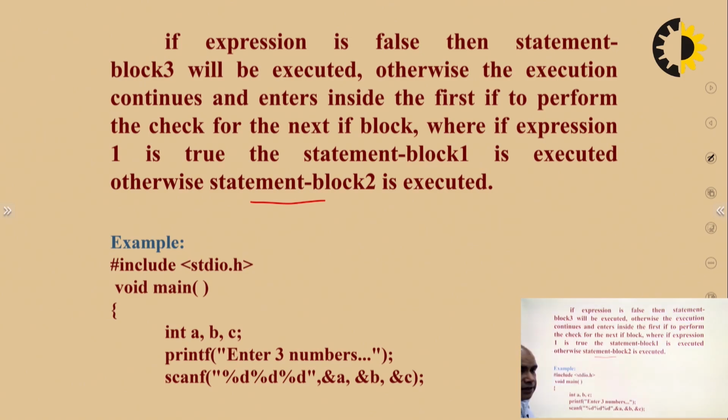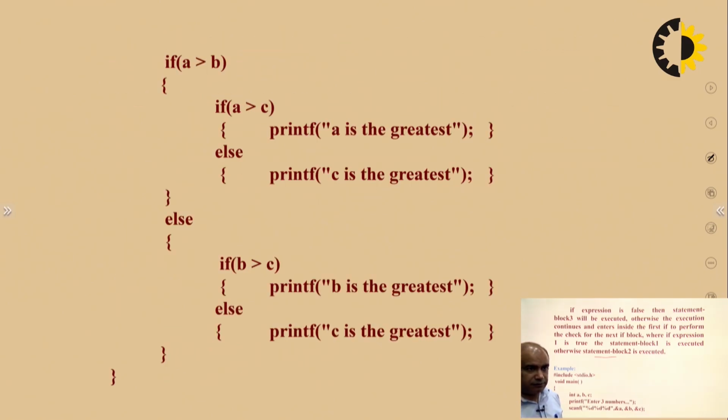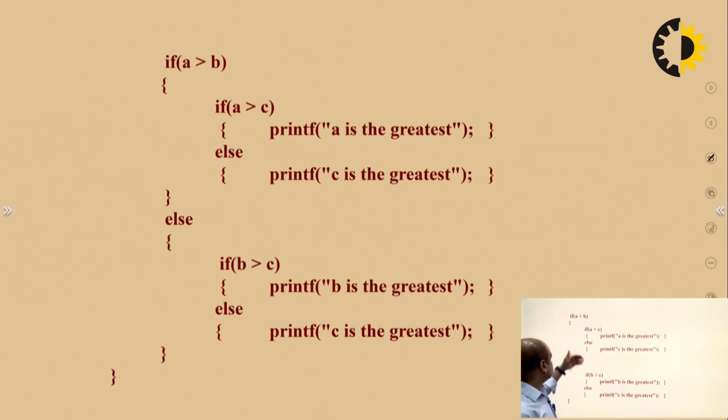Now see in this example, what is going to be there? We are going to find the greatest among 3 numbers. So we have taken 3 variables a, b and c, and we are taking these values at runtime using printf and scanf statements. So what we are going to see: if a is greater than b, that statement is true.